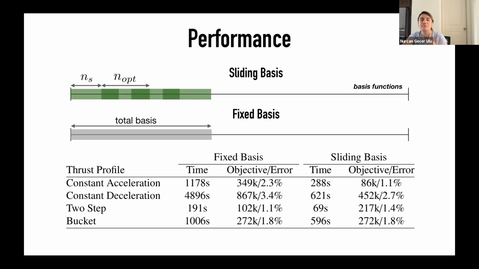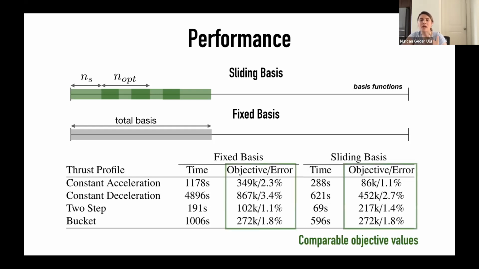The fixed basis is already a reduced order approach, and when we compare, we get up to 8 times speedup just by adding the sliding basis idea on top of this fixed basis approach. And when we look at the objective values, they are usually comparable, and sometimes we can even see better objective performance with the sliding basis, because we are basically doing a random initialization at each step and locally perturbing the initial conditions.